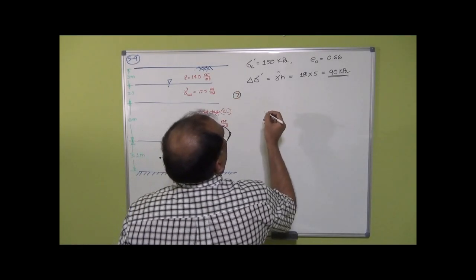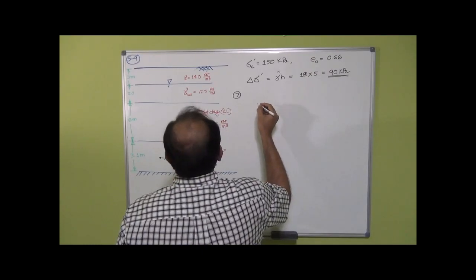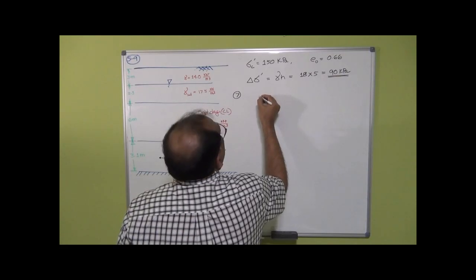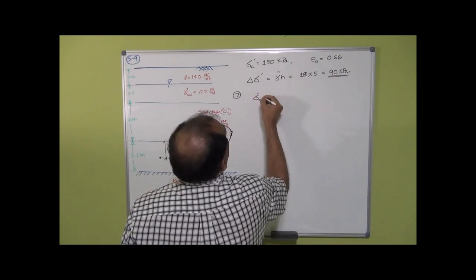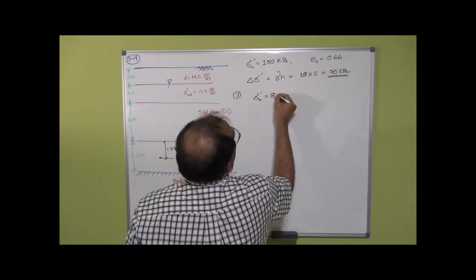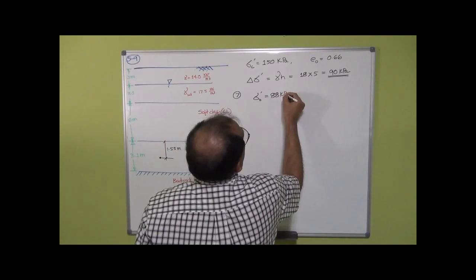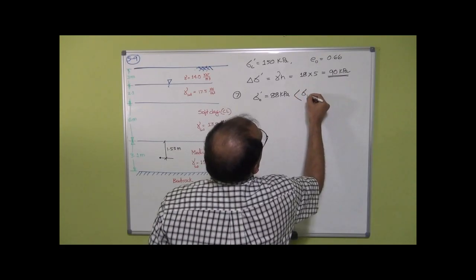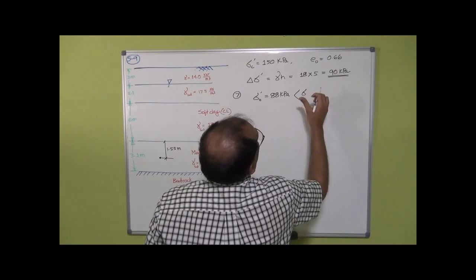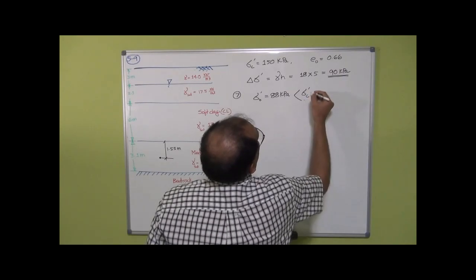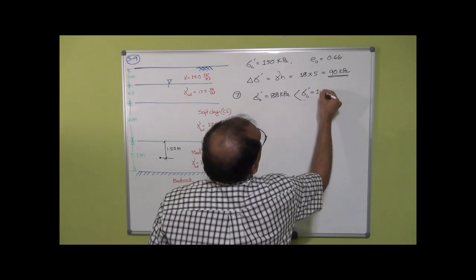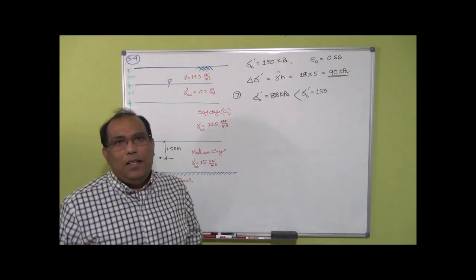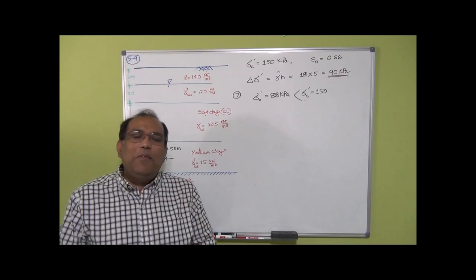So first of all, we'll check what kind of soil that is. I can see my current overburden pressure, which is 88 kPa, is less than our pre-consolidation pressure, which is actually 150, right? Pre-consolidation means pre, right?